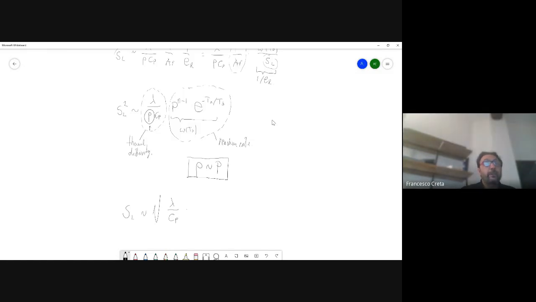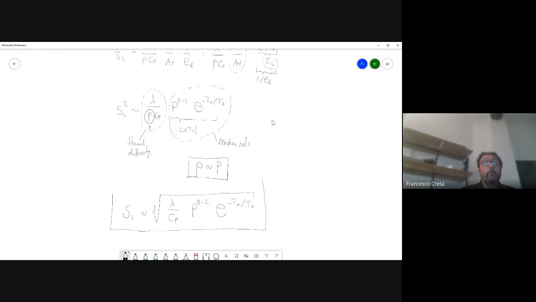And we'll take the density, turn it into a pressure. So we have a P to the n minus 2, okay? And then the exponential, which is minus to the minus TA over TB. And this is our final expression.